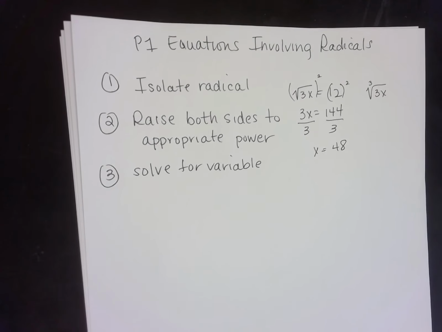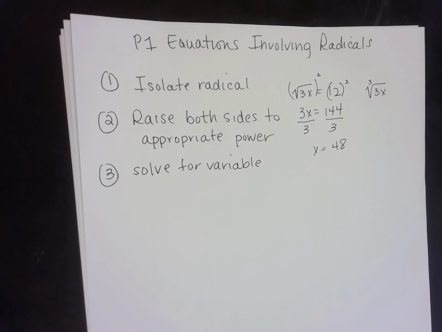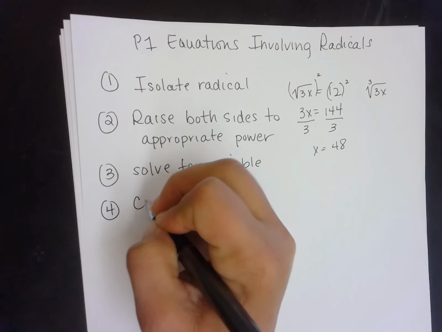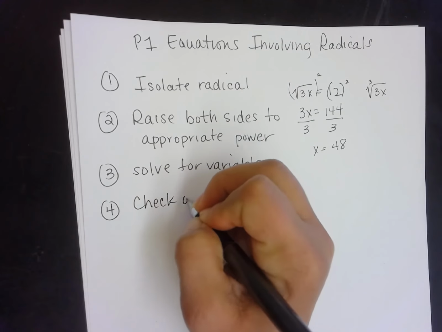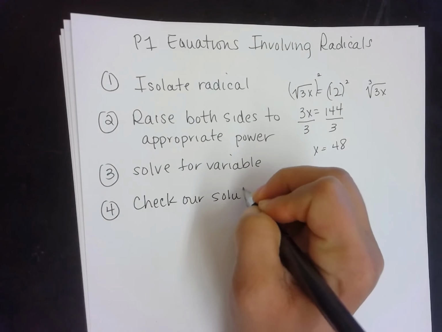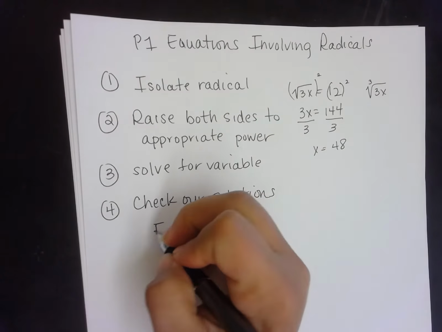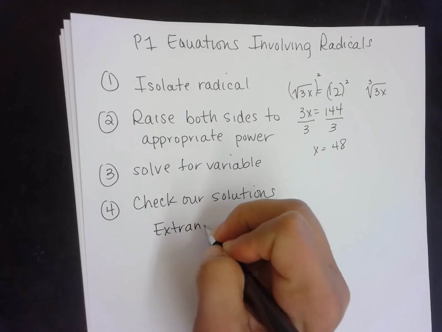Now, just like absolute value, the act of squaring and raising things to powers can sometimes transform our equations into something that gives us solutions that aren't really valid. And so our last thing that we need to do is to check our solutions, because just like absolute value, radical equations can routinely produce extraneous solutions.